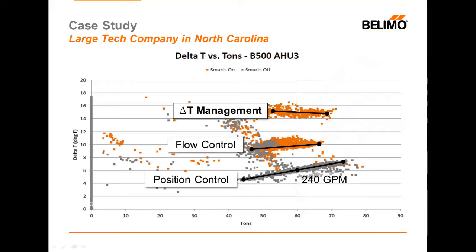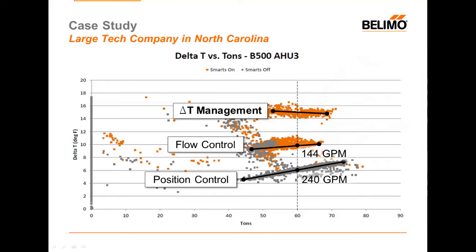So that's what it would take at a 6 degree delta T to achieve 60 tons: 240 gallons a minute. If we take a look at flow control, the same 60 tons at a 10 degree delta T, or roughly thereabouts, requires only 144 gallons a minute. So we reduced the flow by almost 100 gallons a minute to satisfy the same 60 ton load.